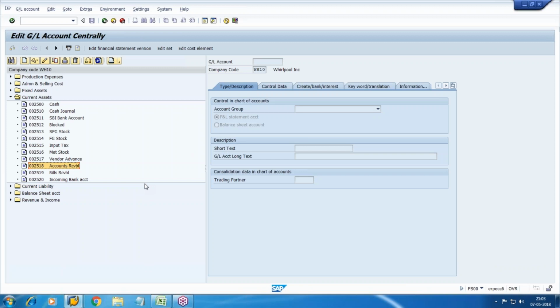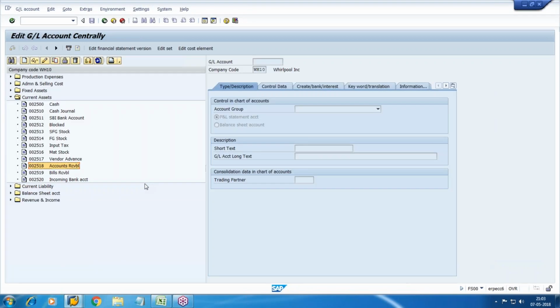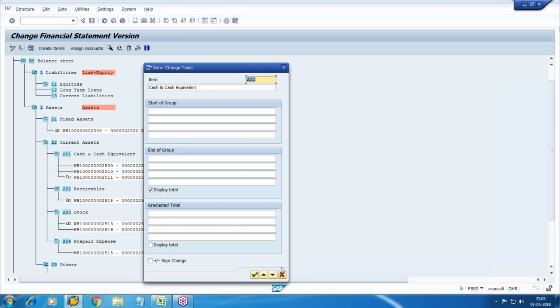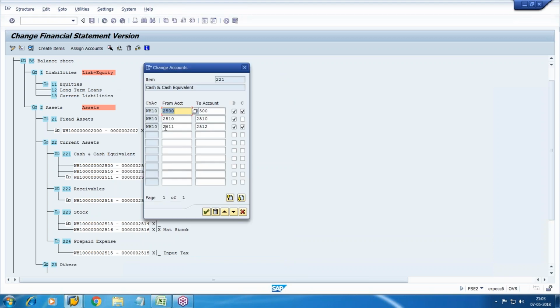Bills receivable also receivable, 2519. Two five two zero. Some bank account maybe we have created.